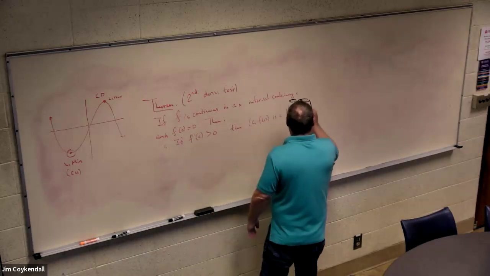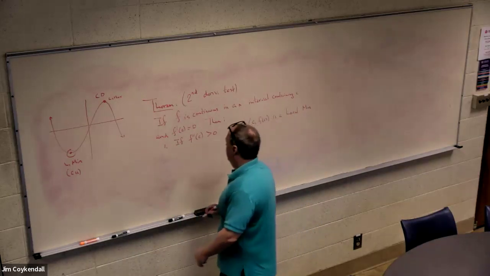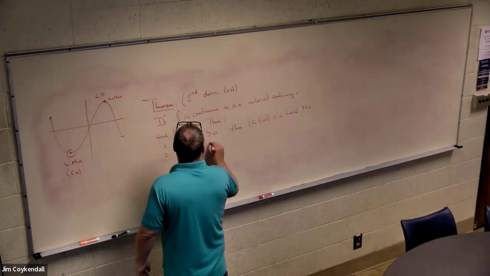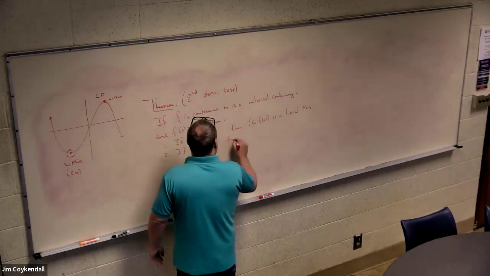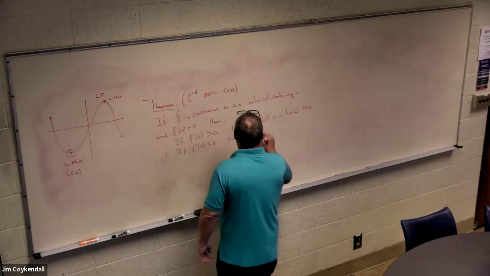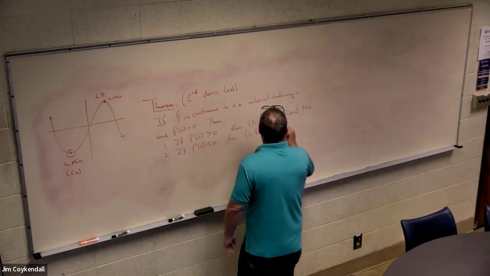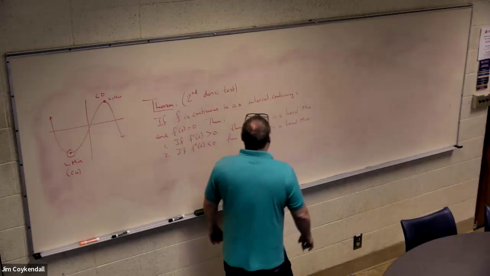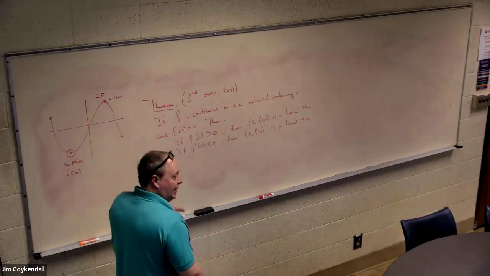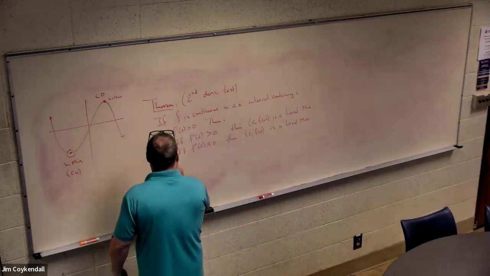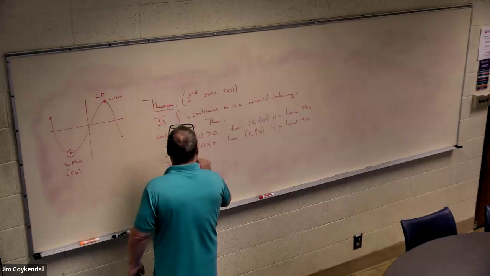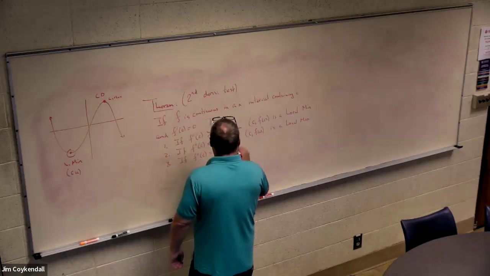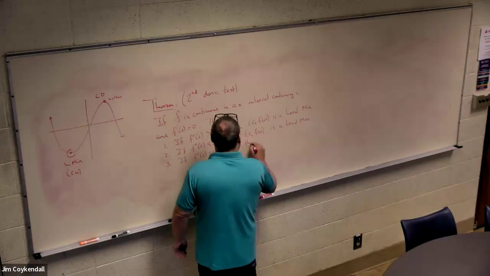This is supposed to be a local min. 2, if f double prime of c is less than 0, then f of c is a local max. That means it's frowning. 3, if f double prime of c equals 0 or does not exist, then it's inconclusive.